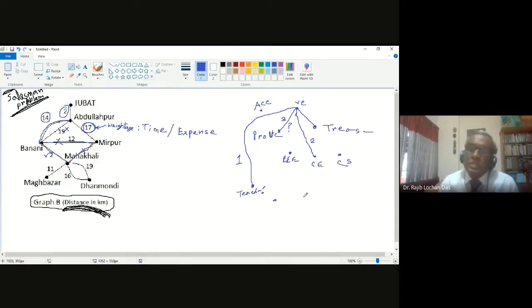So that is also the weightage. The weightage can be anything actually. We are not talking about only distance or time or expense. Weightage can be other things as well. Okay, so that is the concept.